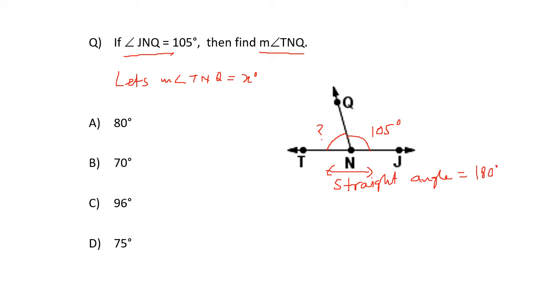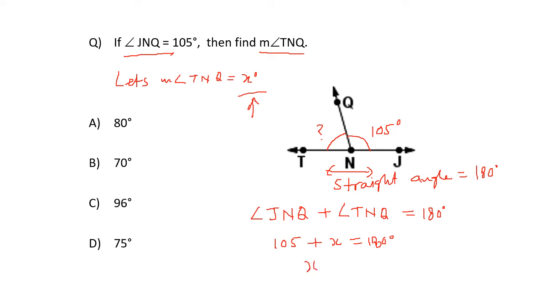Therefore, angle JNQ plus angle TNQ should be 180 degrees because they are supplementary to each other, and from the diagram also it is clearly visible that their sum is a straight angle. So JNQ is given as 105 and TNQ I have just assumed to be X degrees. So the sum is 180 degrees.